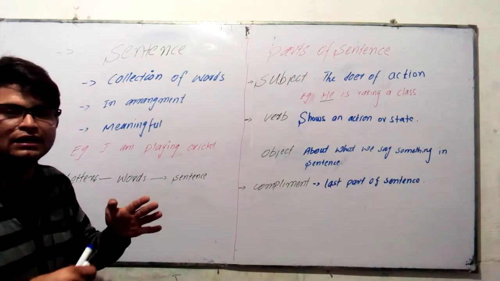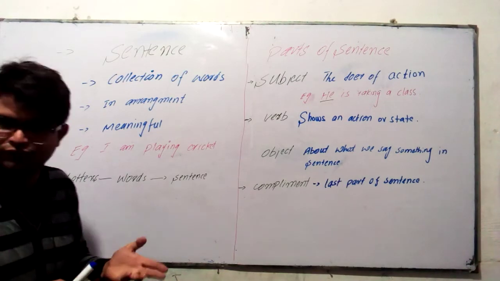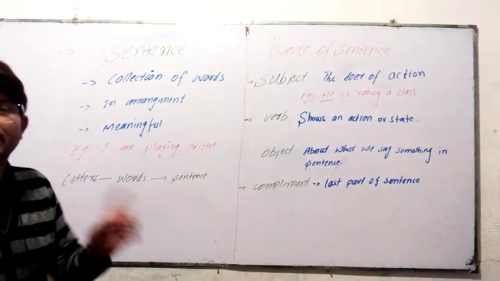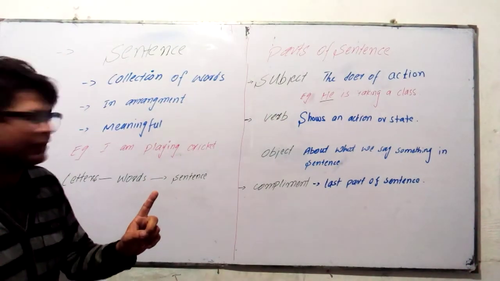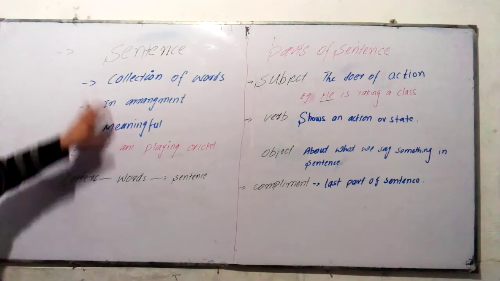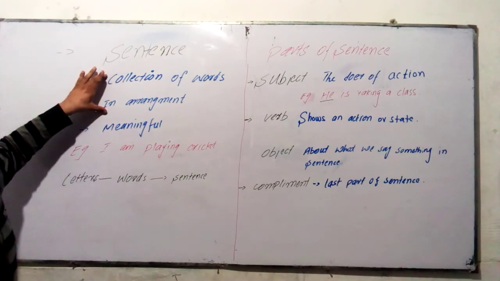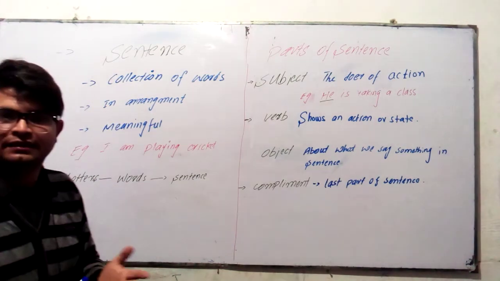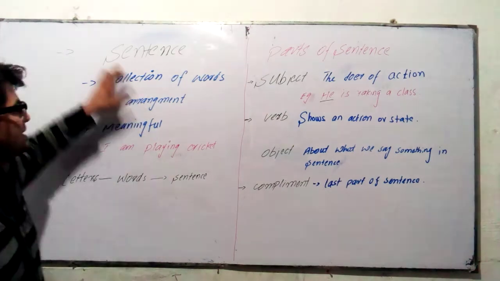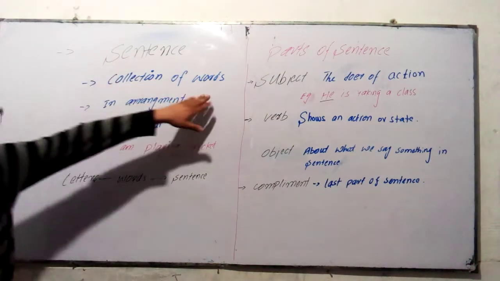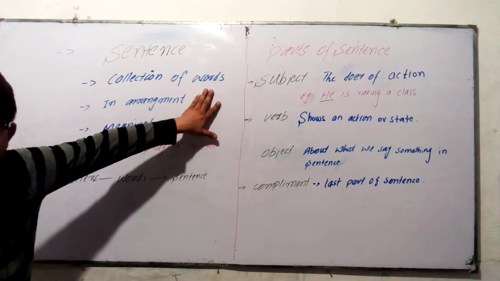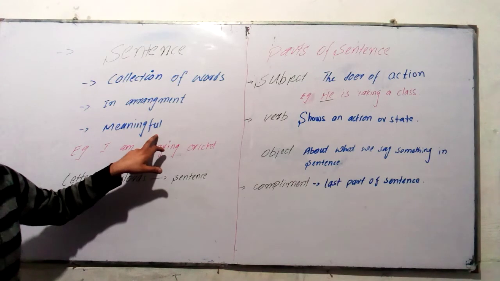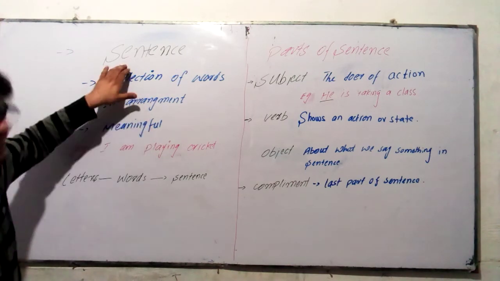If we combine different words but there is no arrangement, then it will not give a complete meaning. And the third point, when these two points are perfect, these words will give a meaning. So therefore we can explain that a sentence is a group of words or a collection of words in arrangement form that gives a complete meaning. This is the particular definition of a sentence.